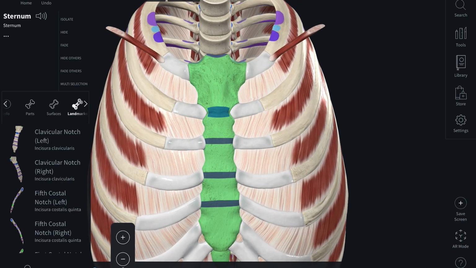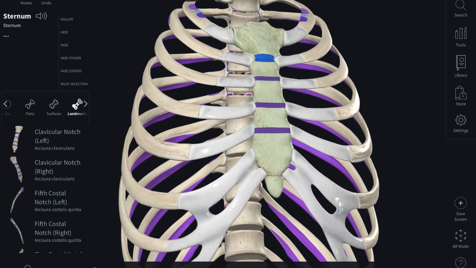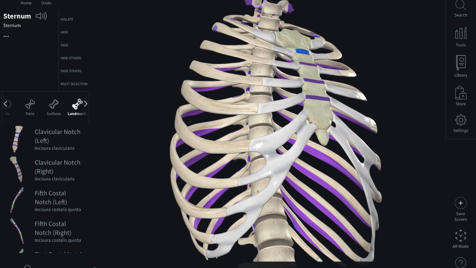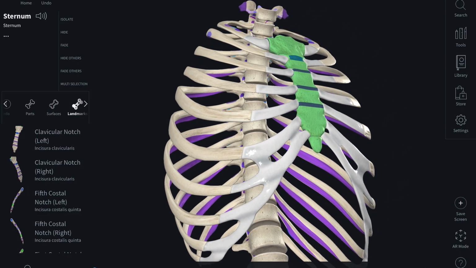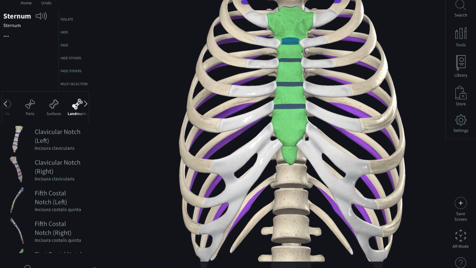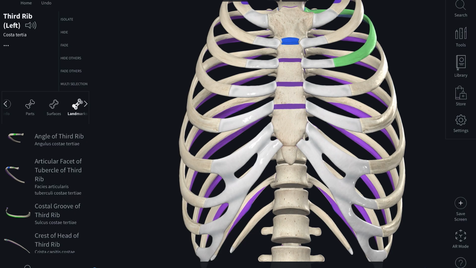So let's get rid of the muscles. So now we know we have 12 ribs because we have 12 thoracic vertebrae. So breaking down those ribs, 7 of them are going to be what's called true ribs or vertebrosternal ribs.